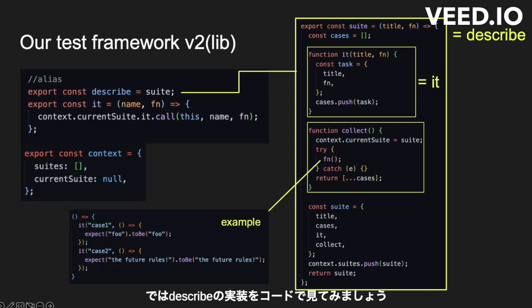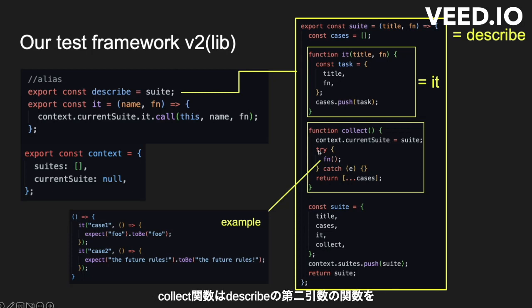Let's look at the implementation of describe in code. Describe is an alias of the function called suite. It takes a title and function as arguments, and returns an object containing the string title, the array cases, the function it, and collect. The suite is also stored in a global context when initialized.